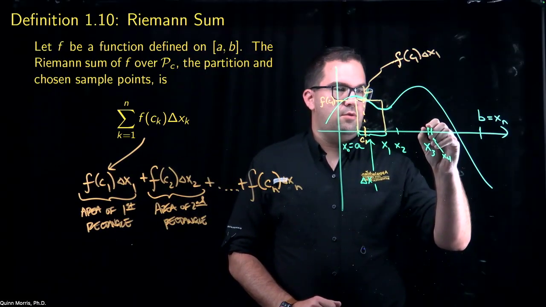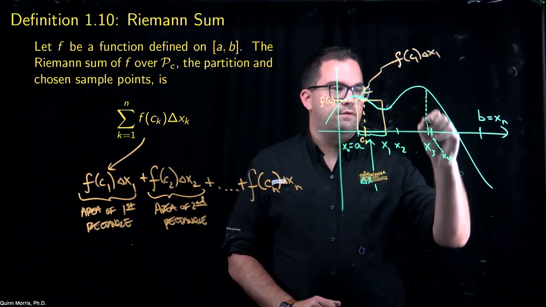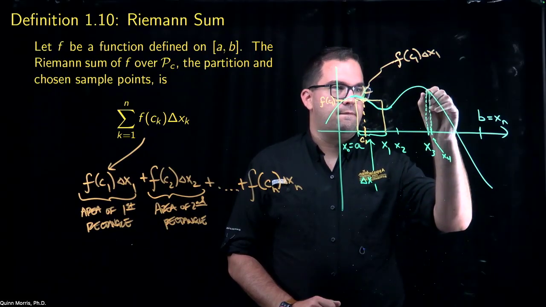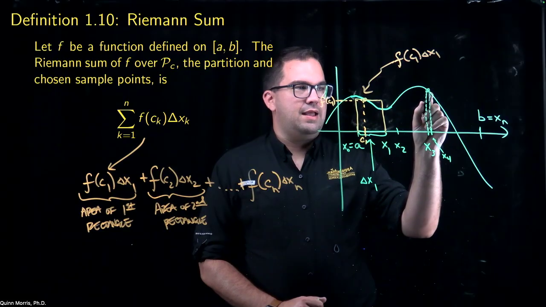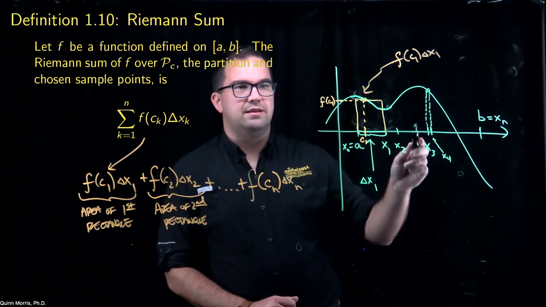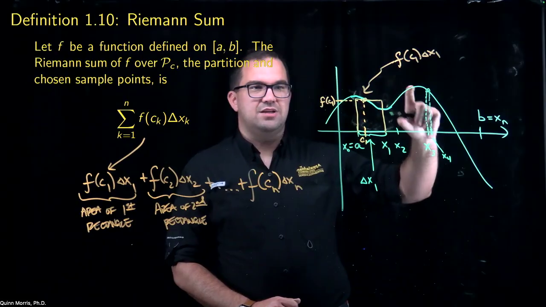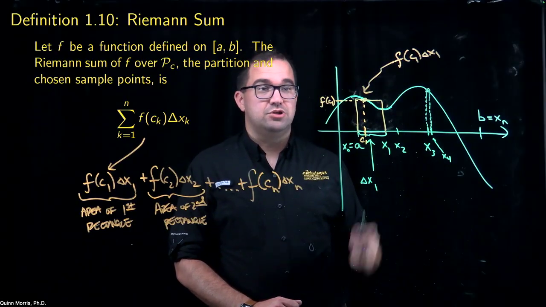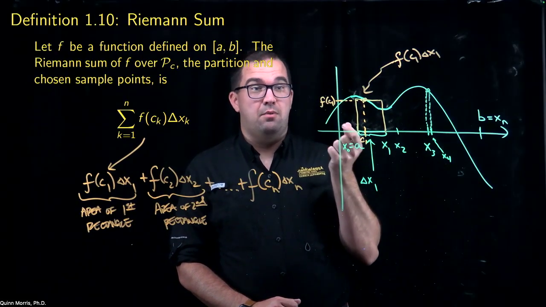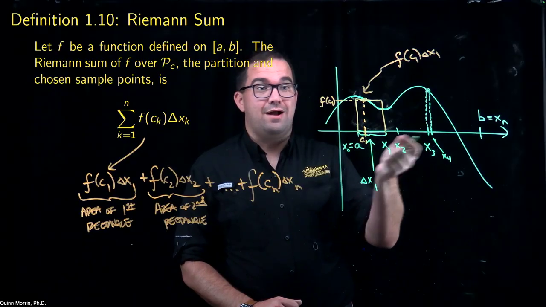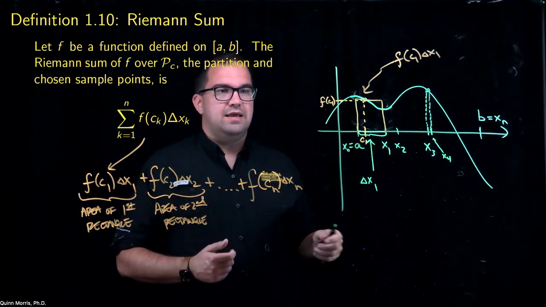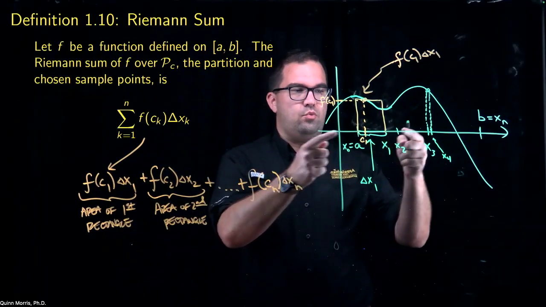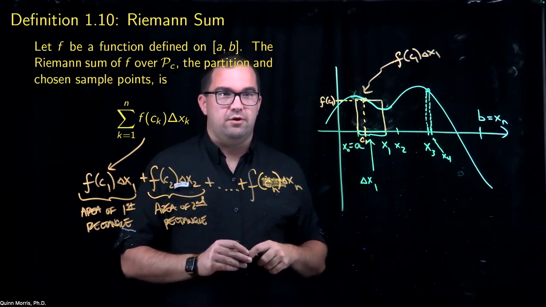Well, now my rectangle here, whether I choose the left-hand endpoint, the right-hand endpoint, or somewhere in between, is not going to change the height of the rectangle that much, and the error is going to be very small. Regardless of where I choose that tag, it's going to be fairly small. So what I want to imagine doing is eventually shrinking the widths of all these rectangles down.